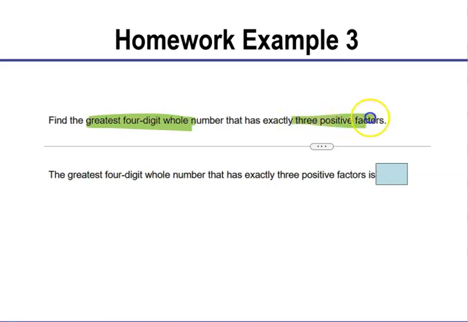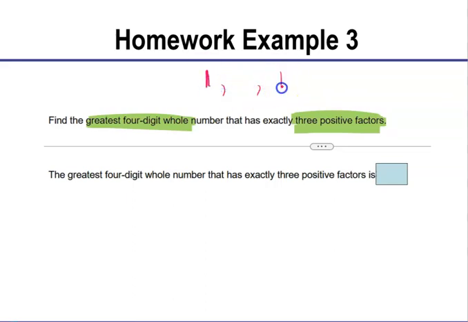Now, there's something I want you to remember from the lecture. Remember when it had 3 positive factors? Whenever it had an odd number of factors, remember it was a perfect square? Okay? A perfect square. And to have 3 factors, one of them has to be a 1, right?